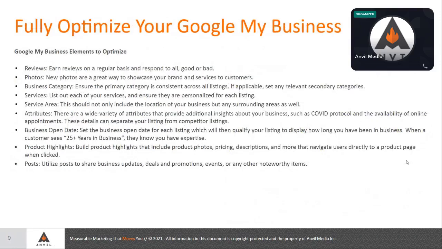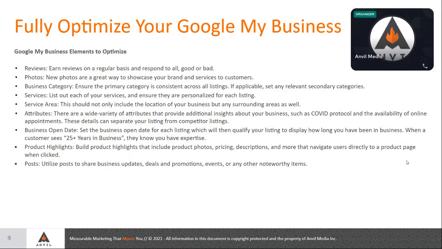So individual elements that you should really optimize when it comes to your particular Google My Business. The first we just talked about is reviews, so making sure that you respond to those reviews, but also earning reviews on a regular basis. You don't want to just have 1 or 2 reviews from 5 to 6 years ago.